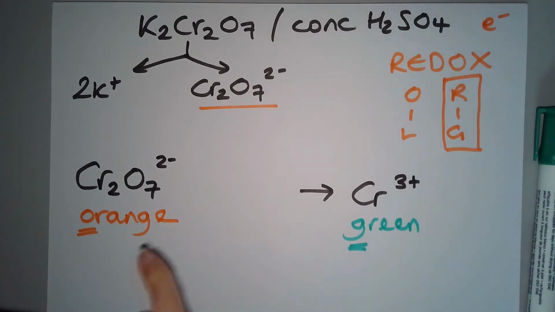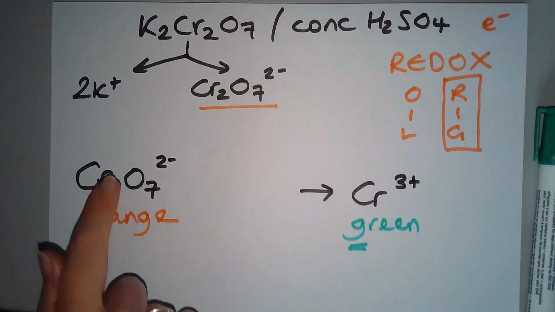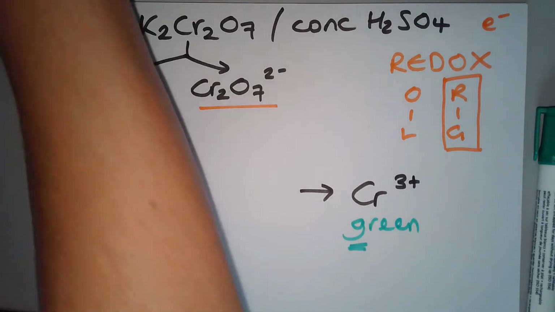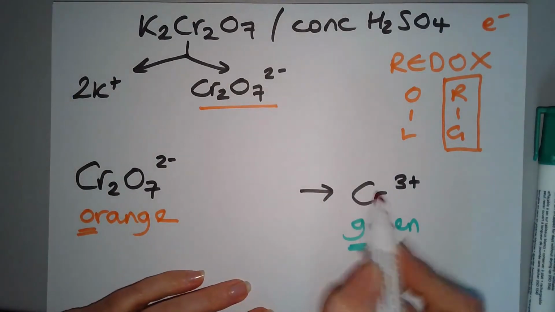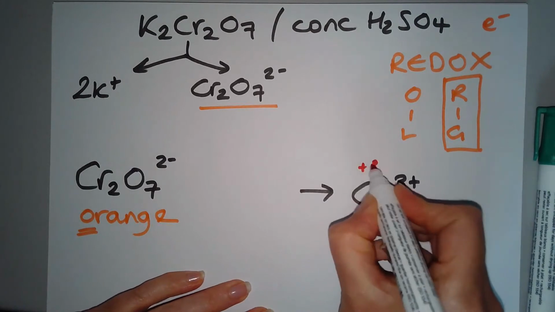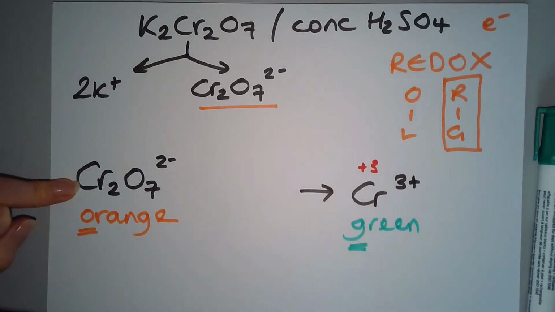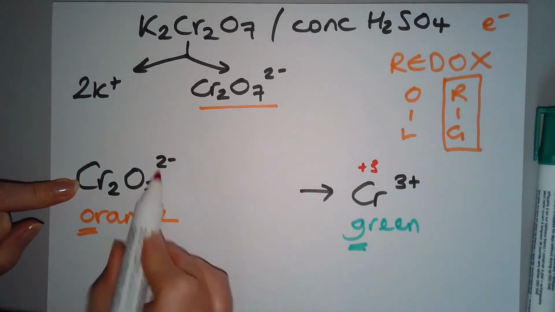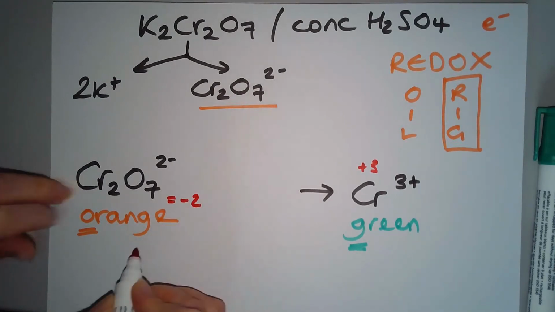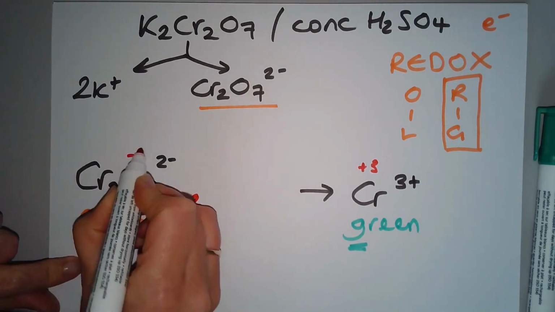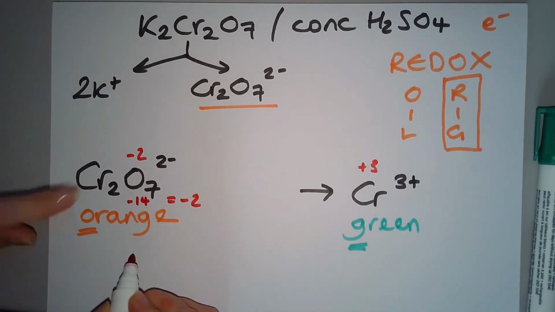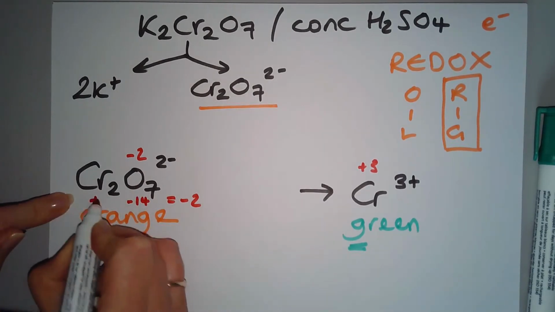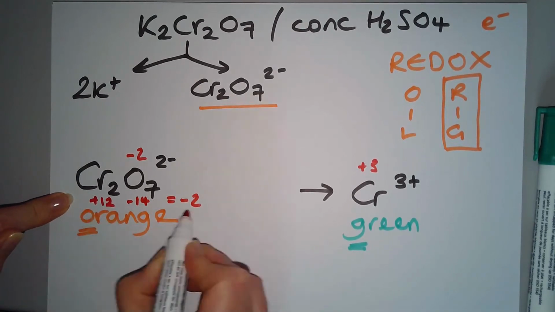So the alcohol's getting oxidized, this is getting reduced. How can we tell it's getting reduced? Well, we assign oxidation numbers. This one's straightforward, it's the same as the charge of its ion. This one we need to work out. Remember, everything adds up to the charge. Now we know about oxygen, when it's in a compound it's -2. There are 7 of them, so -14, which means this has to be +12 for that to work.